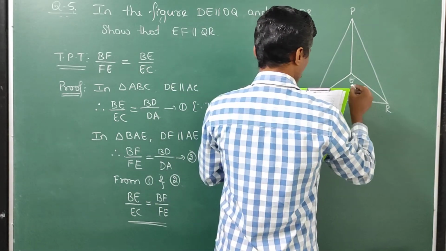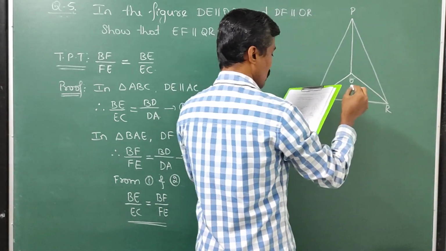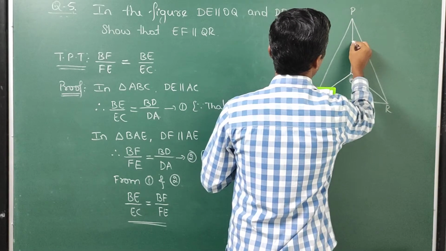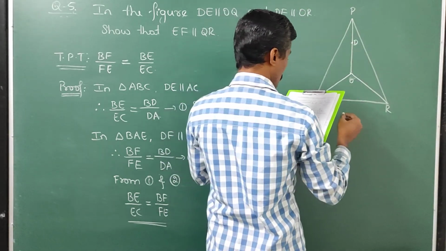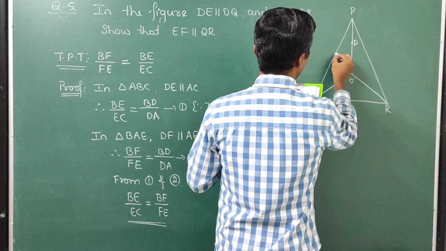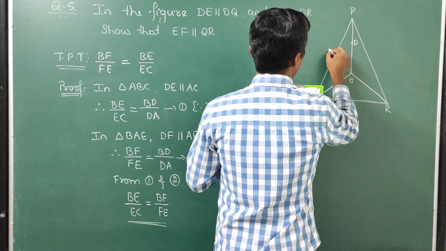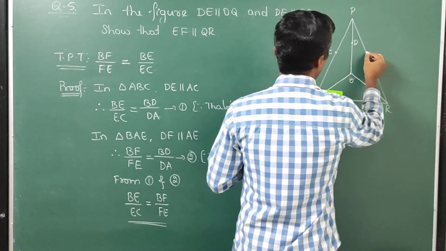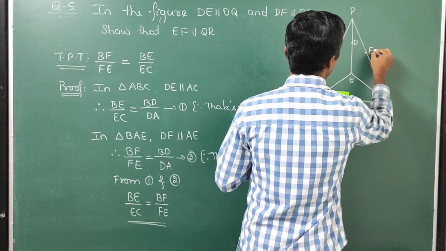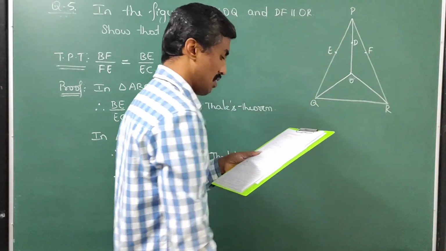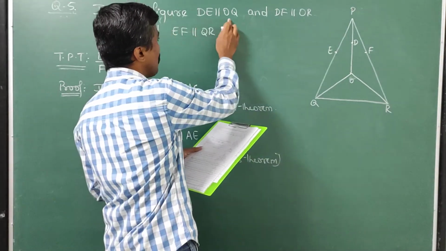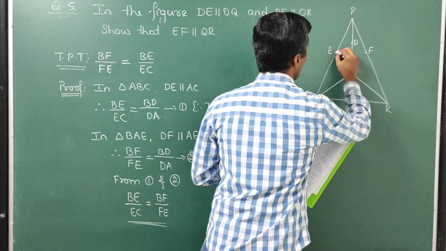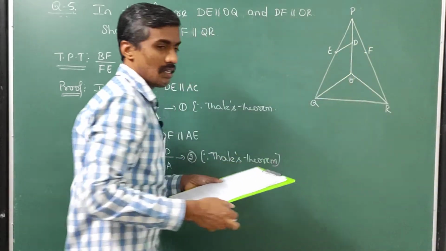Then there is a point D on PO, E is a point on PQ, and one more point F on PR. DE is parallel to OQ. I will join only that line.